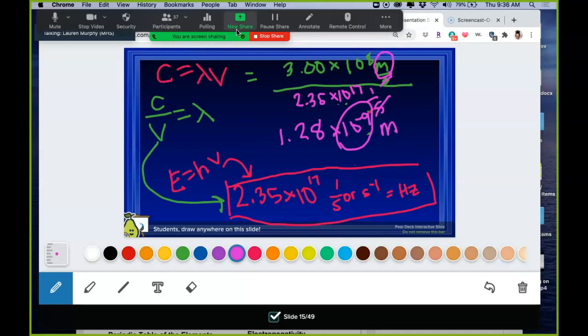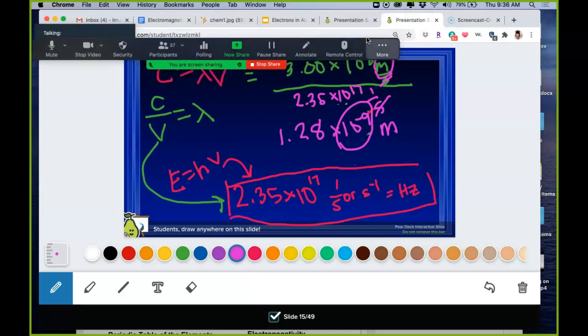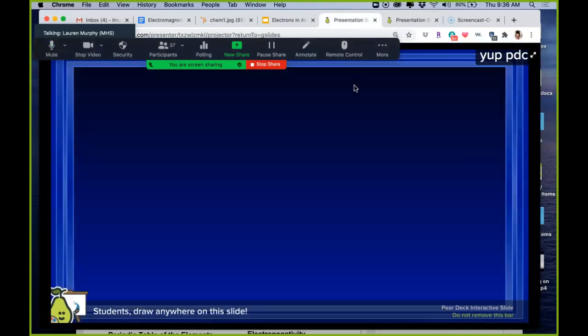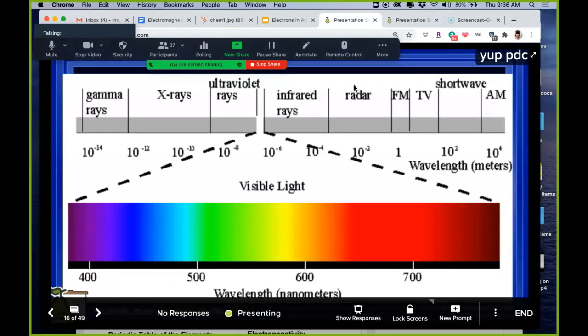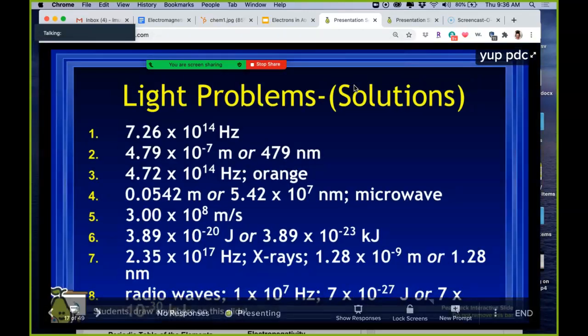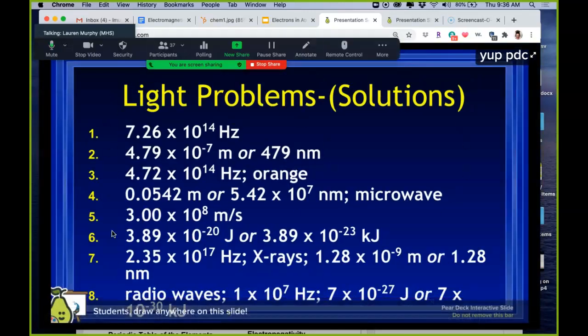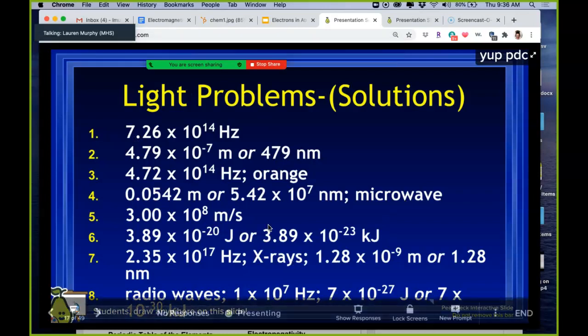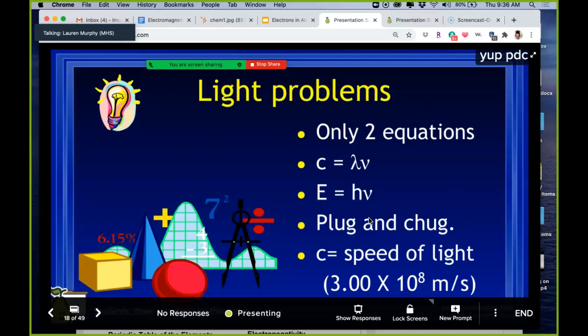How are we doing? So I'm going to stop here. So these were all the answers. So you have all the answers on here too for all the problems. Okay. So remember, we have two equations.